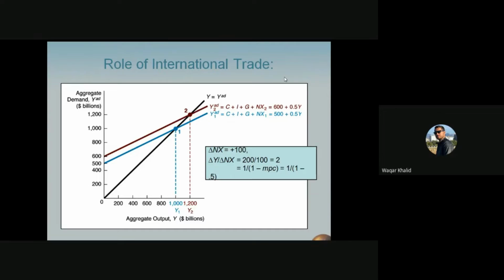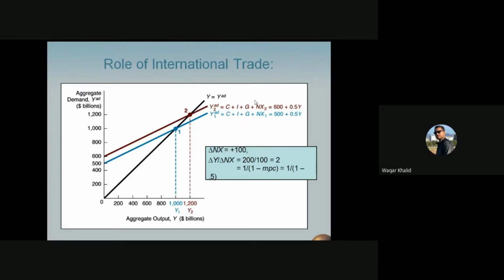That's why the economy moves from point 1 to point 2 and the aggregate output rises by 200 billion from Y1 to Y2. Look here. Y1 was 1000 and now Y2 is 1200. It means that now the economy has moved from Y1 to Y2.